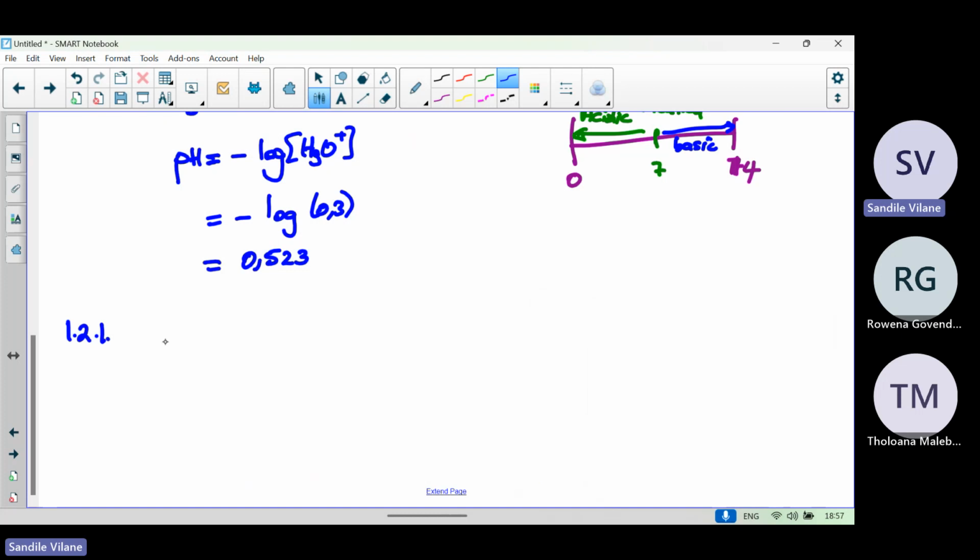What am I given? The concentration as 2 moles per cubic decimeter. What else am I given? The volume as 100 cubic centimeters, which we convert to cubic decimeters.